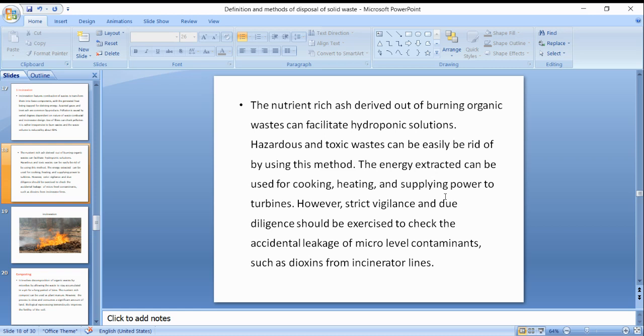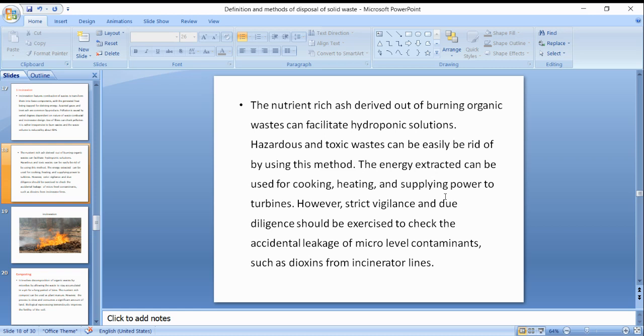Any toxic materials there are burned out. The energy extracted can be used for cooking, heating, and supplying power to turbines.